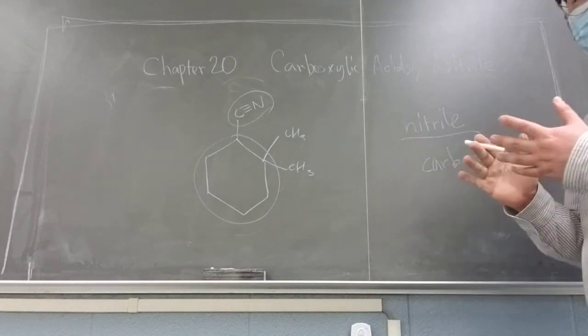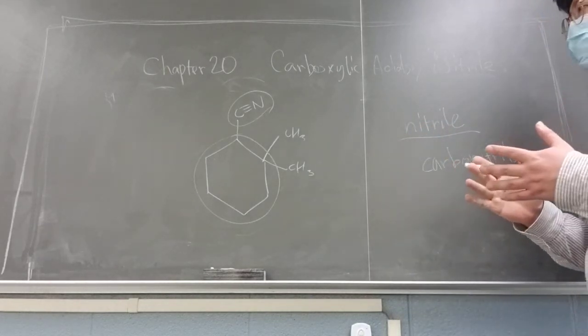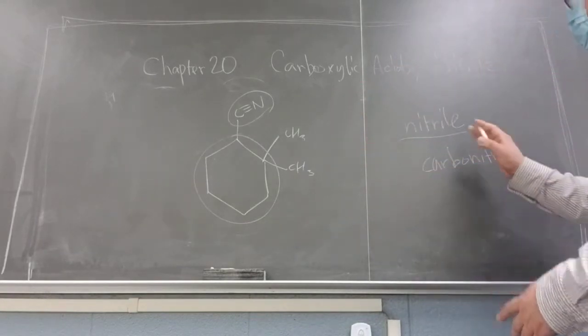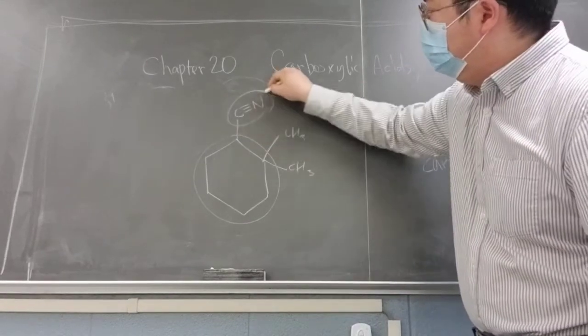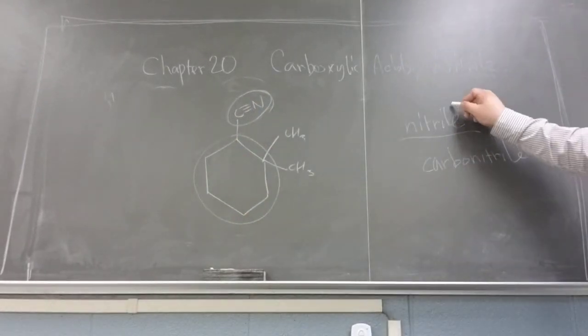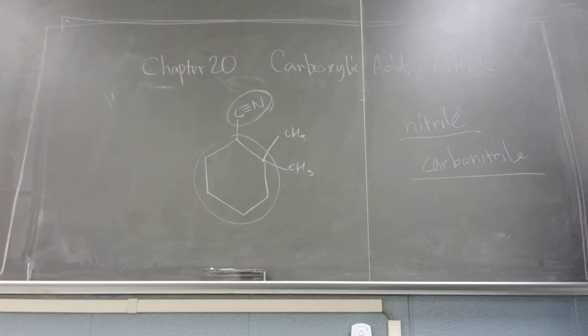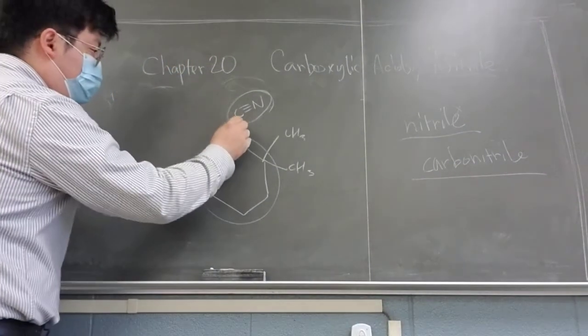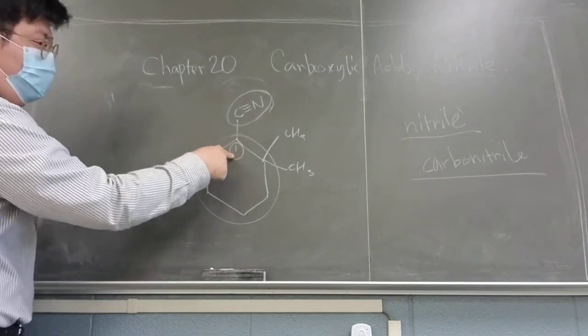It's like for carboxylic compounds, you do not say oleic acid, you do carboxylic acid here. Same. When you have this group on the cyclic compound, instead of nitro, you do carbonitrile.